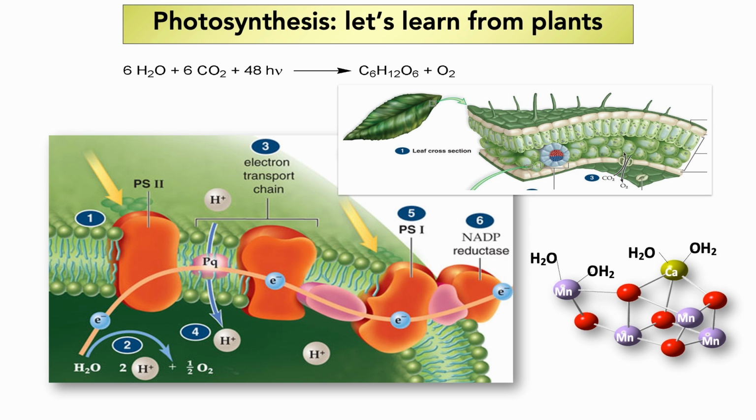This is a scheme of the natural photosynthetic membrane, where water oxidation occurs at photosystem 2, PS2. Here, water is cleaved into protons and electrons, then we have an electron transport chain, and the connection with photosystem 1 to produce reactive hydrides.